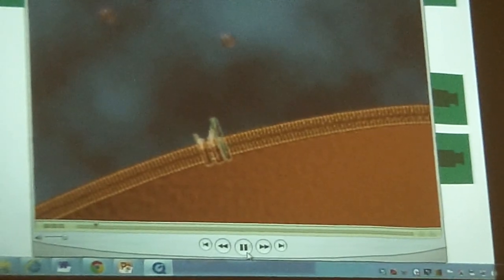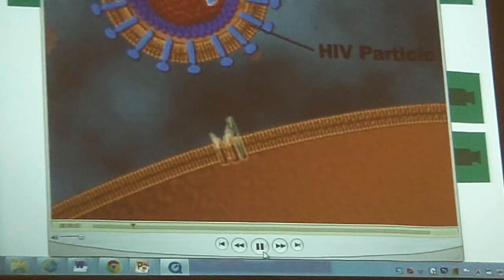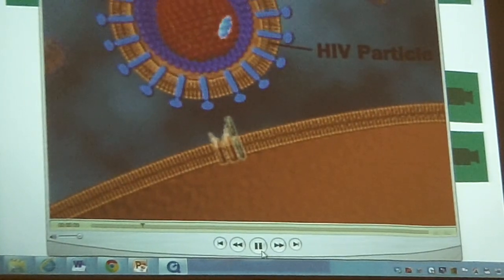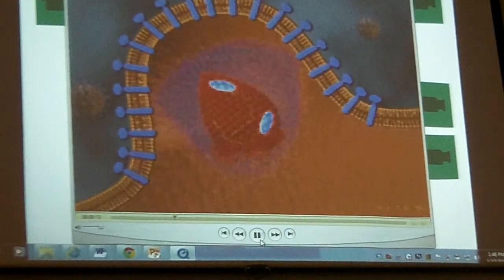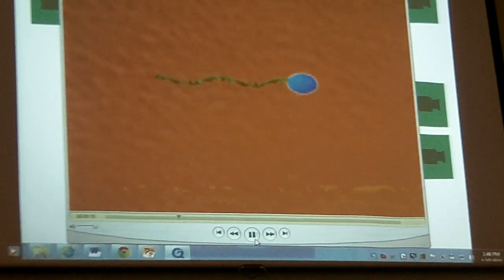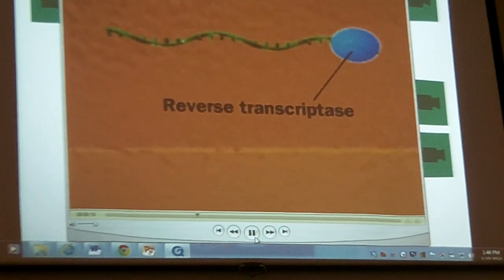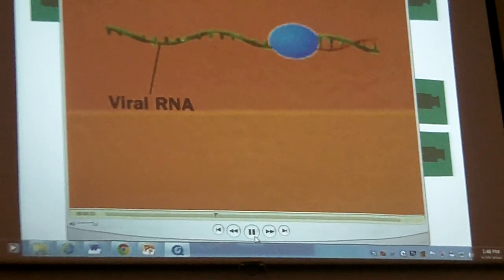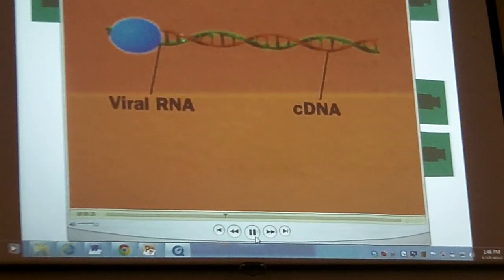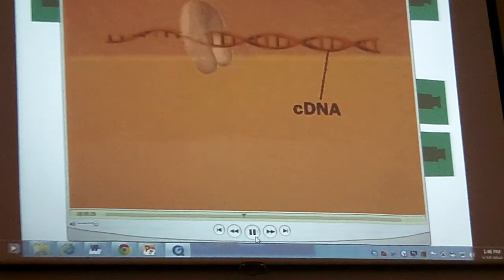HIV, the human immunodeficiency virus, is a retrovirus. An HIV particle attaches to the host cell membrane by way of the membrane protein CD4. The cell removes the viral coat as it takes up the virus by endocytosis. Using reverse transcriptase brought in by the virus, the viral RNA makes a complementary cDNA. The viral RNA degrades. The cDNA is the template for a second DNA strand.